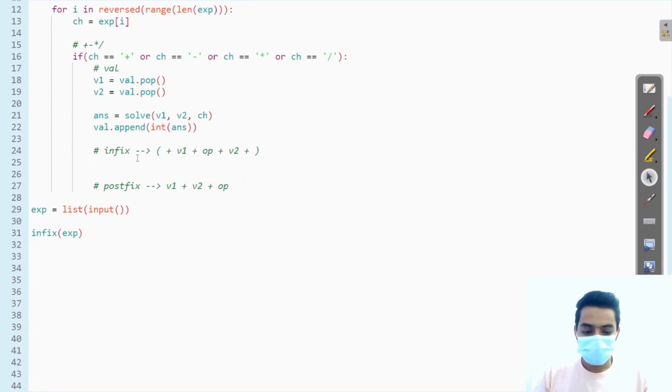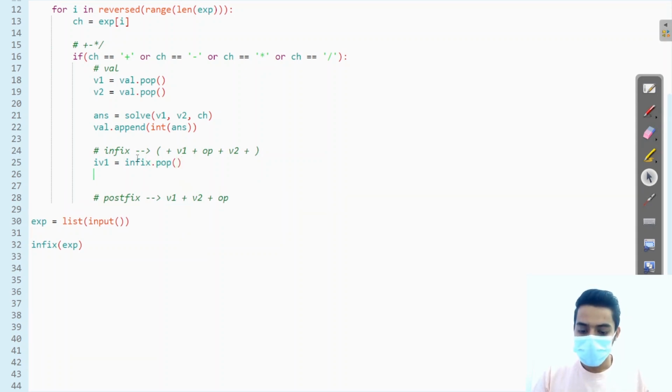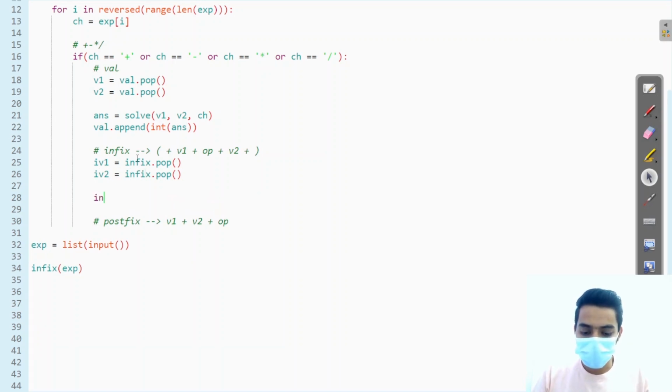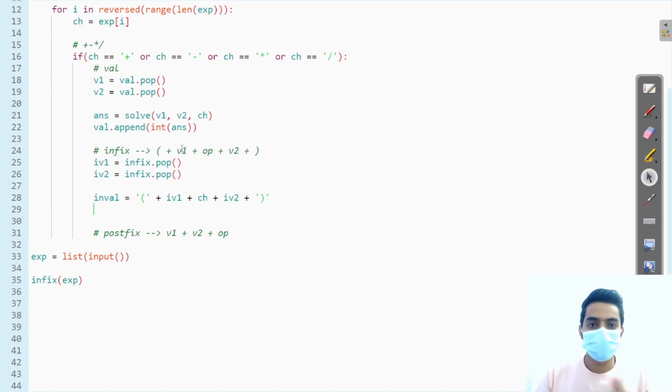For the infix, value 1 is coming from infix dot pop. Okay. Value 2 is also coming from infix dot pop. After that, for the final infix value, that is opening bracket plus iv1 plus character plus iv2 plus closing bracket.